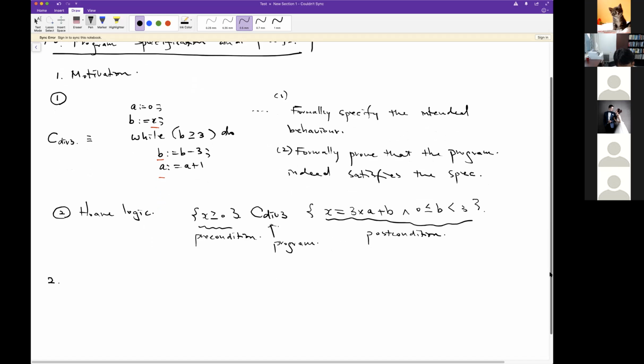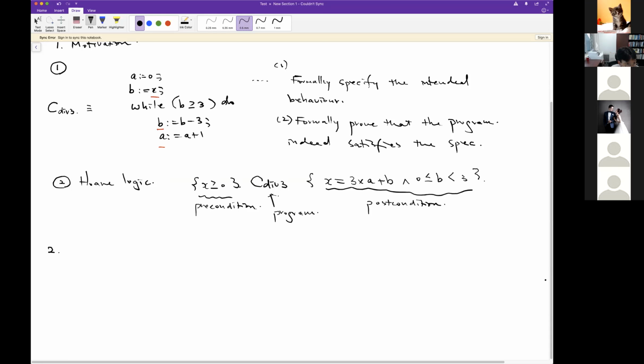In the textbook, it talks about two versions of while logic. One is for partial correctness, and the other is for total correctness.